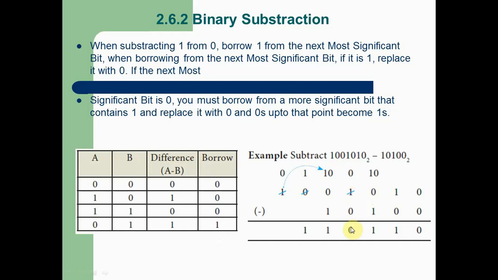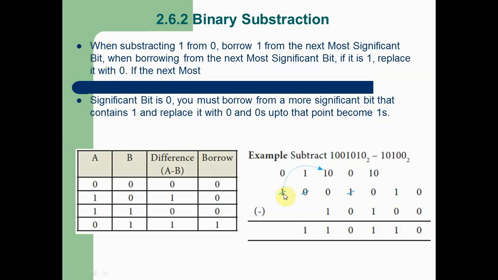So 0 minus 0 is 0. Again we have the same situation, 0 minus 1, where we cannot apply mathematical rules. So we go for the nearest bit. Here also we are unable to find 1, so we go for the next bit. From this bit to this bit, we are borrowing.